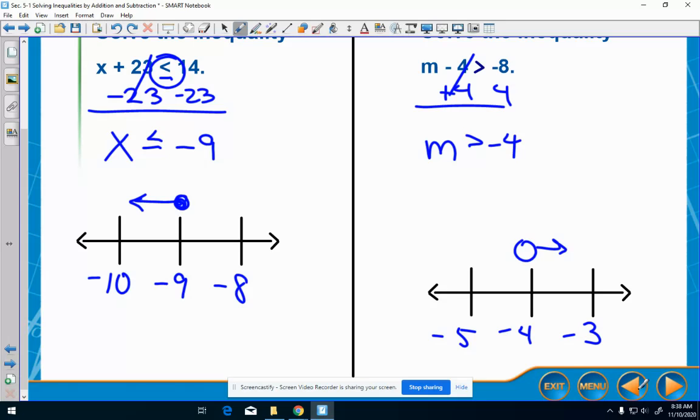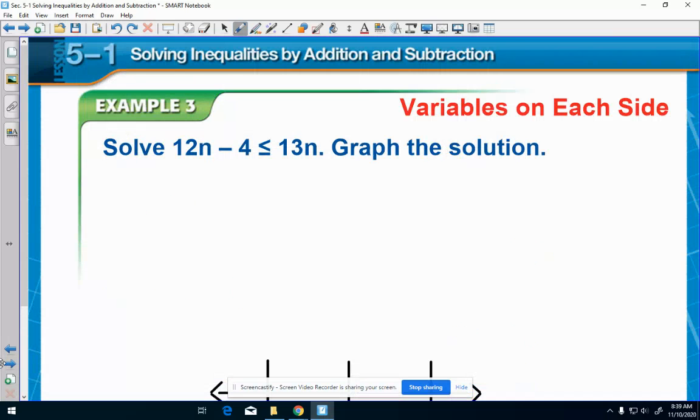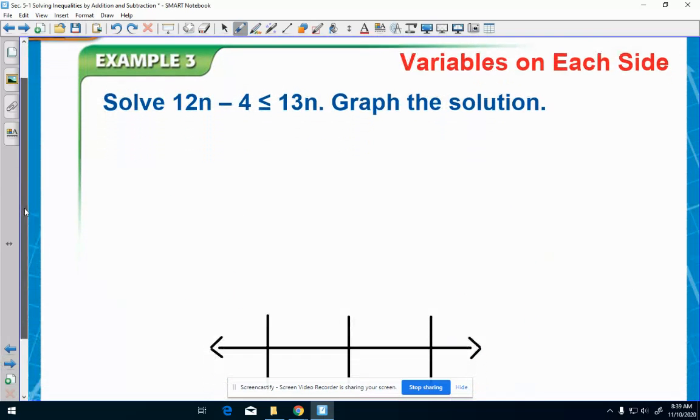Not really. But if you do that, please realize then that this symbol will not match the arrow because your number line is flipped. So it'd have to go the other way. So be mindful. If your number line is written backwards, then your graph is going to be turned around. So not that it's incorrect, but it's just a little backwards.